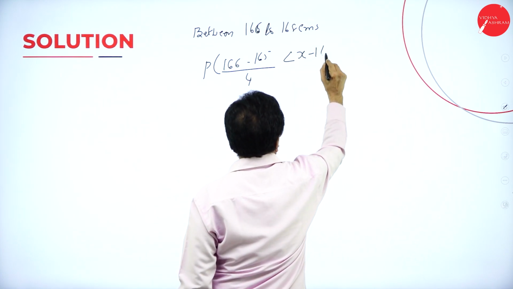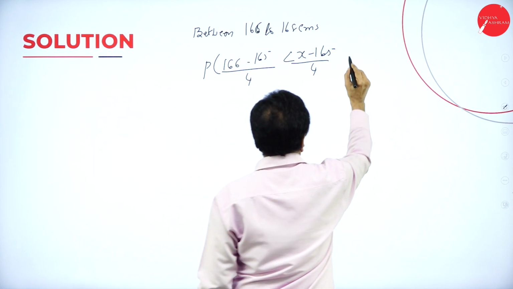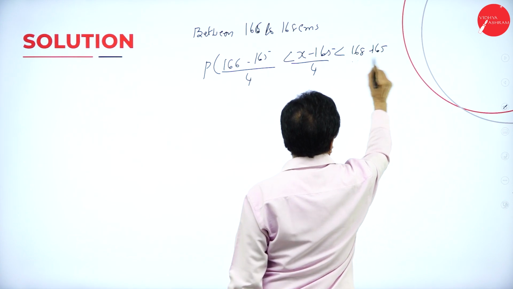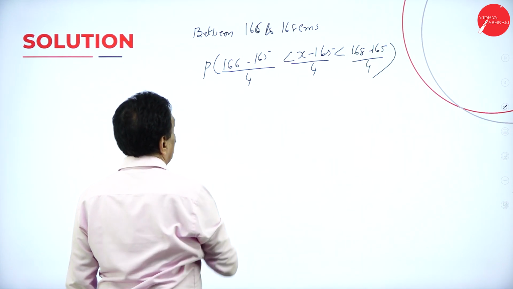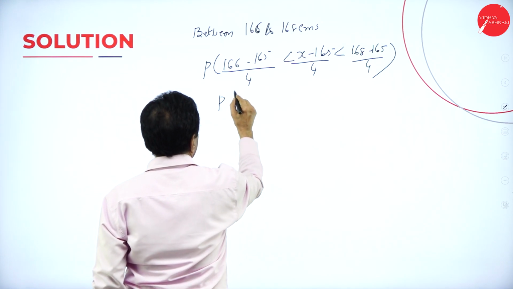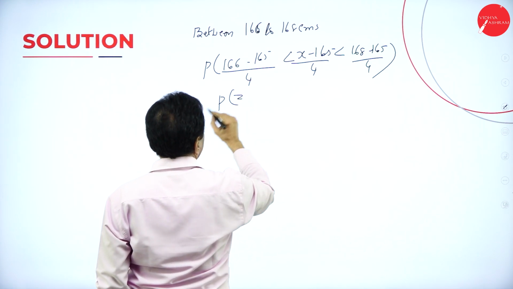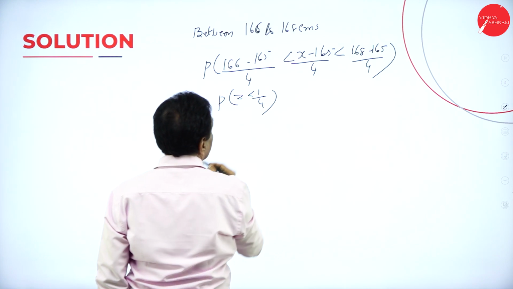So, less than X minus 165 divided by 4. What is the next value? Less than 168 minus 165 divided by 4. The first one, 166 minus 165, is 1 divided by 4.